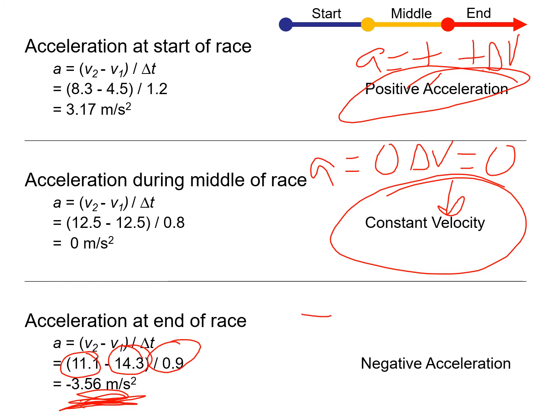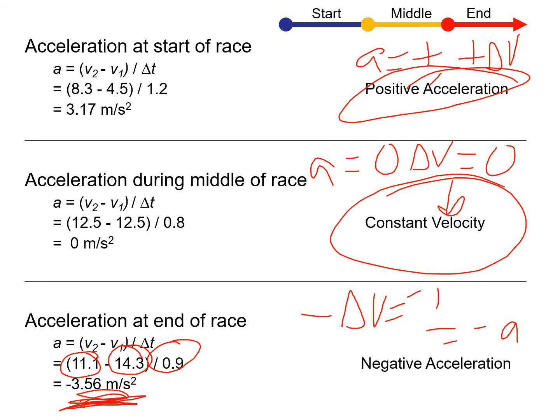So a negative change in velocity equals negative here. Sometimes you'll see this said as a deceleration. We could just say negative acceleration. So our acceleration can be positive, negative, or 0.